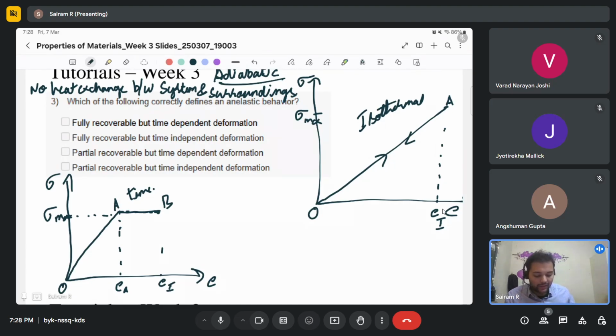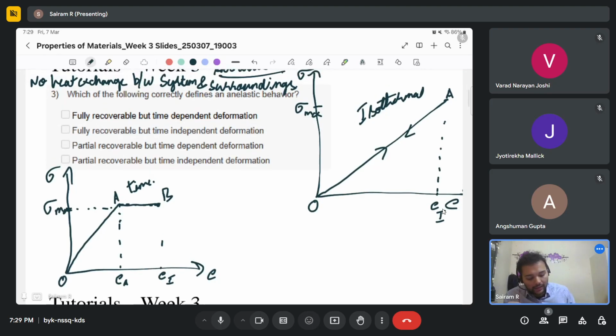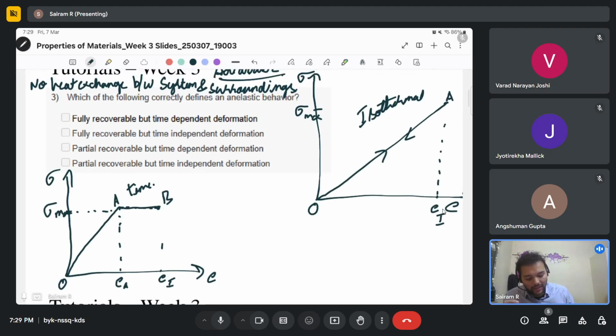Now, what we do is we release the load instantaneously, or at a very fast unloading rate. Once again, the strain does not go back to zero. However, it follows a very similar slope to our OA curve. It comes down, so this is the path that we are following, to some other value, let's say C.